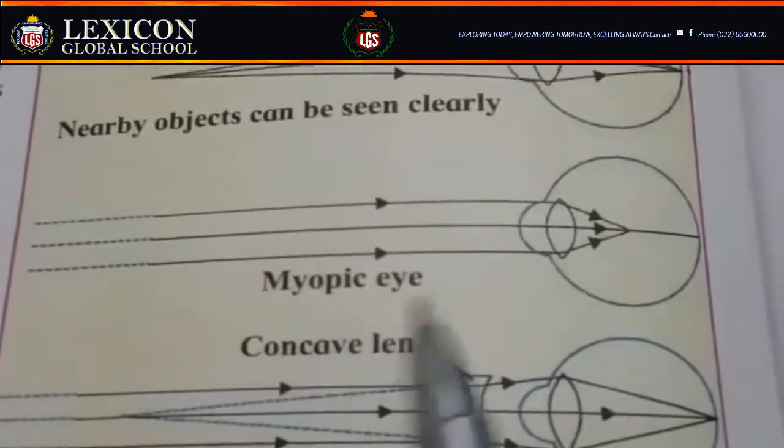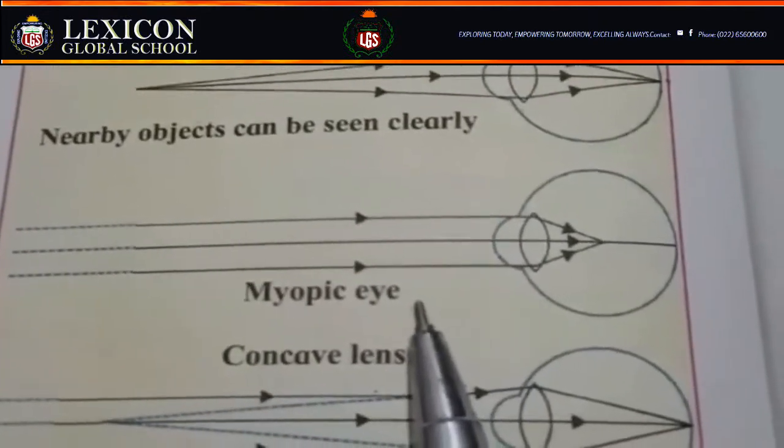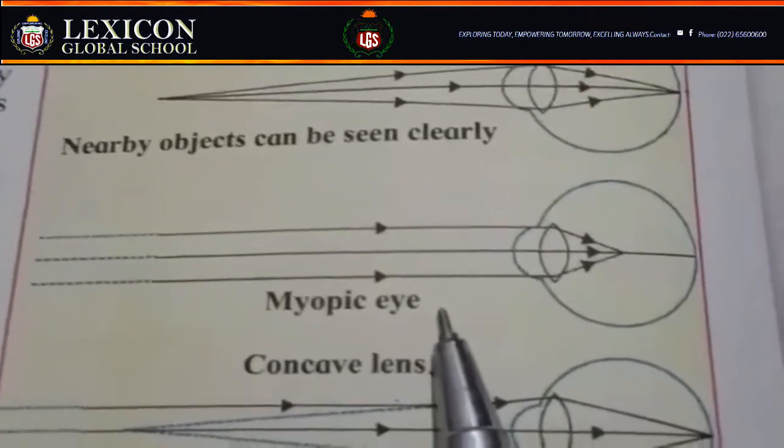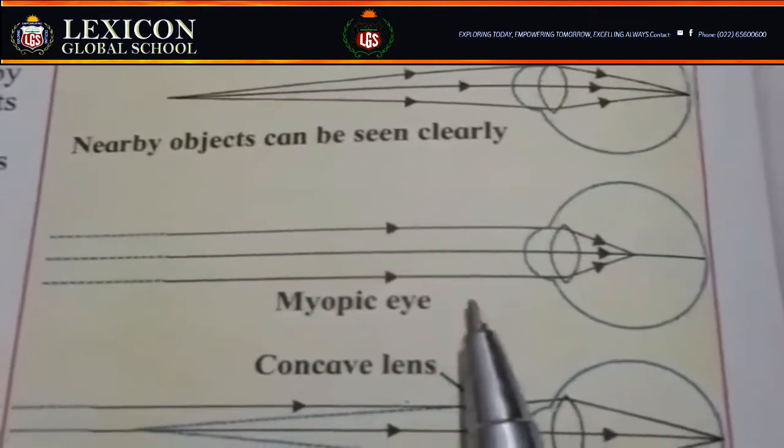That is called a myopic eye. If we are not able to see the distant object clearly, then we are suffering from myopia.